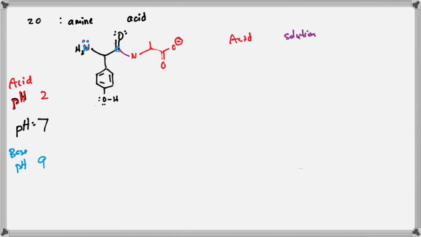And if my solution is a pH of 7, is that higher or lower than what I've decided acid is? Higher. So I'm in a more basic environment than my acid functional group is, which means what should I do to the hydrogen? I need to remove it. I need to run that acid-base reaction. But what if my solution is now acid?